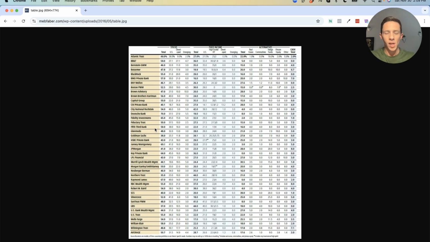Now behind them, no doubt, is a massive 40-page white paper backed up by probably millions of dollars in research, explaining and justifying why they have their chosen asset allocation model.